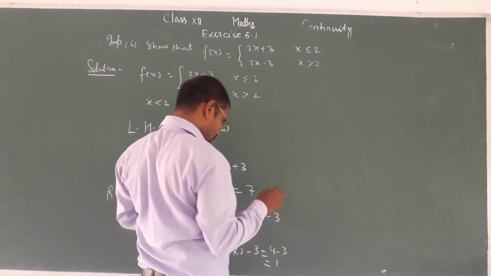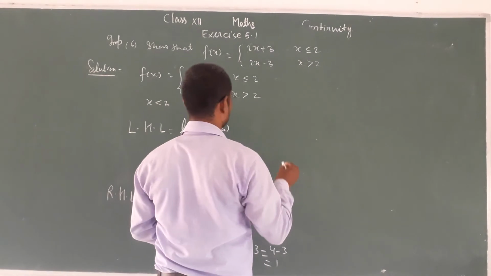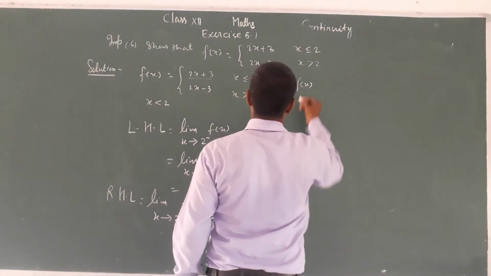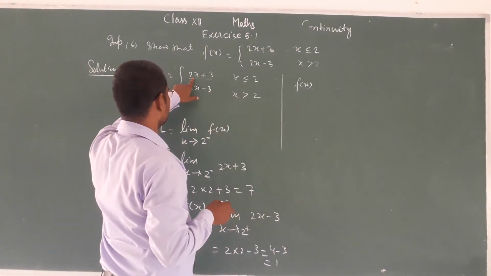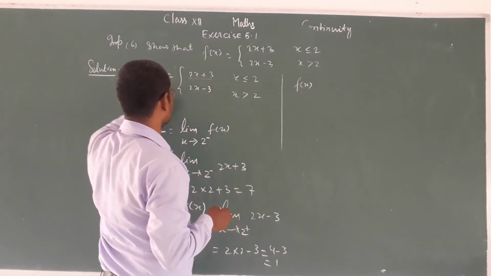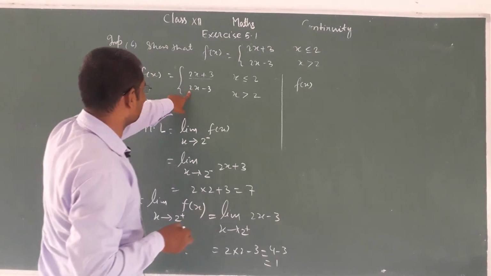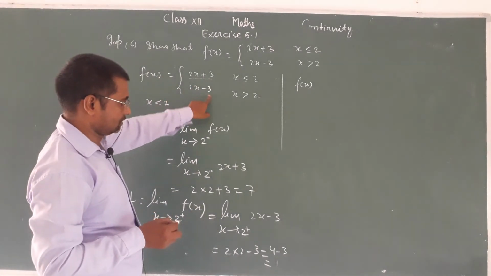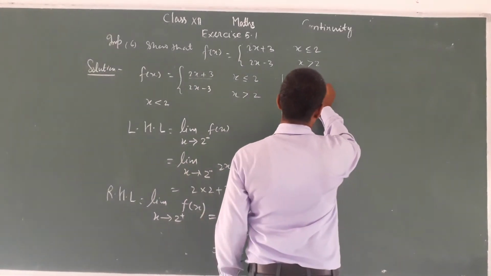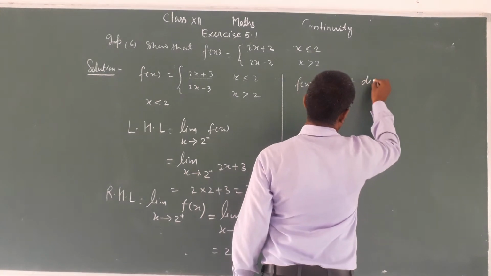Now the value of the function f(x) on the left is 7, and on the right it is 1. So f(x) takes different values, so the limit is not defined.